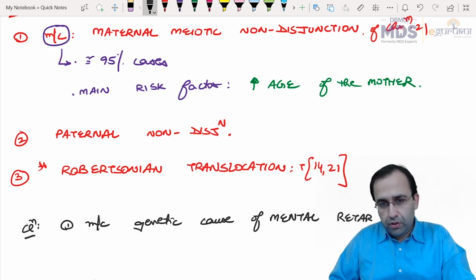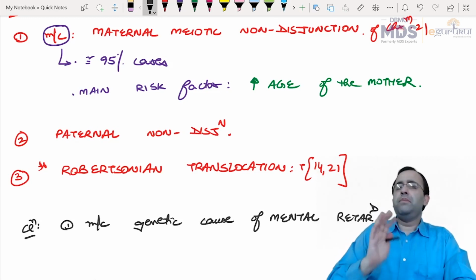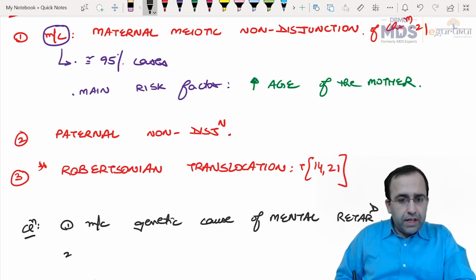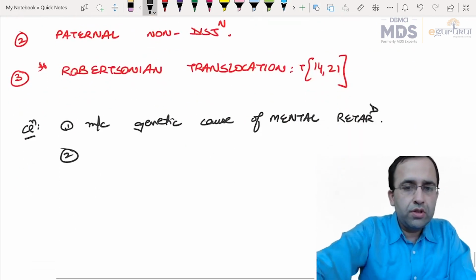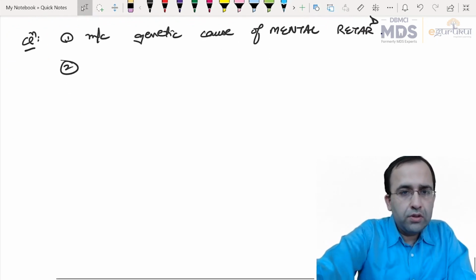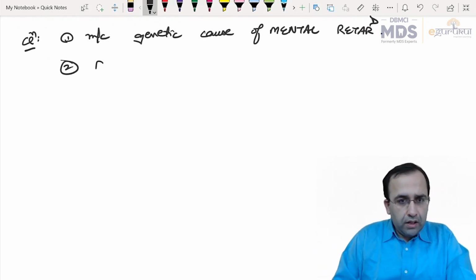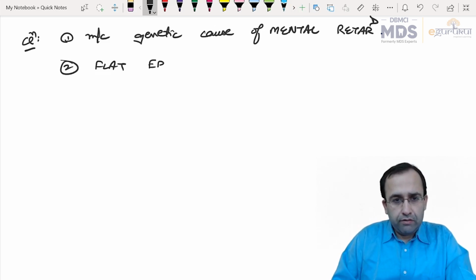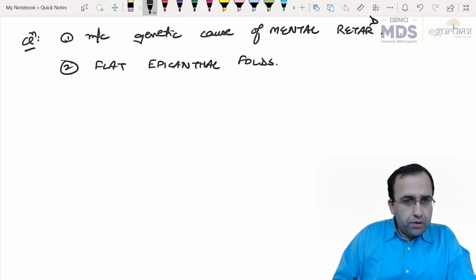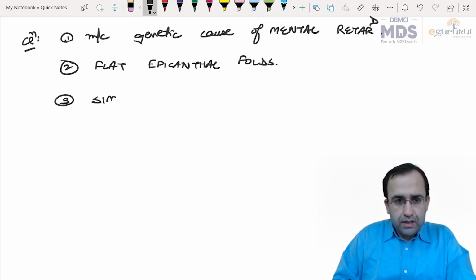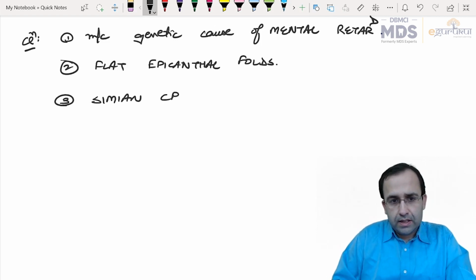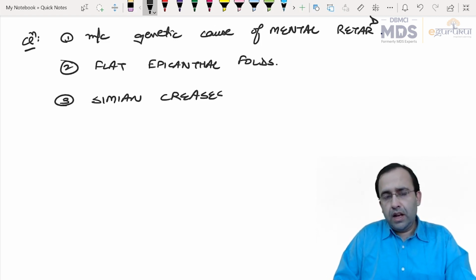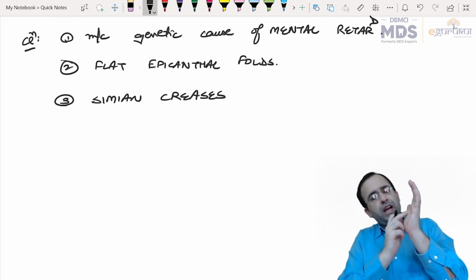Next point, it is associated with flat facies, epicanthal folds, and also with the presence of simian crease. Simian creases are present in the palms of the hand.